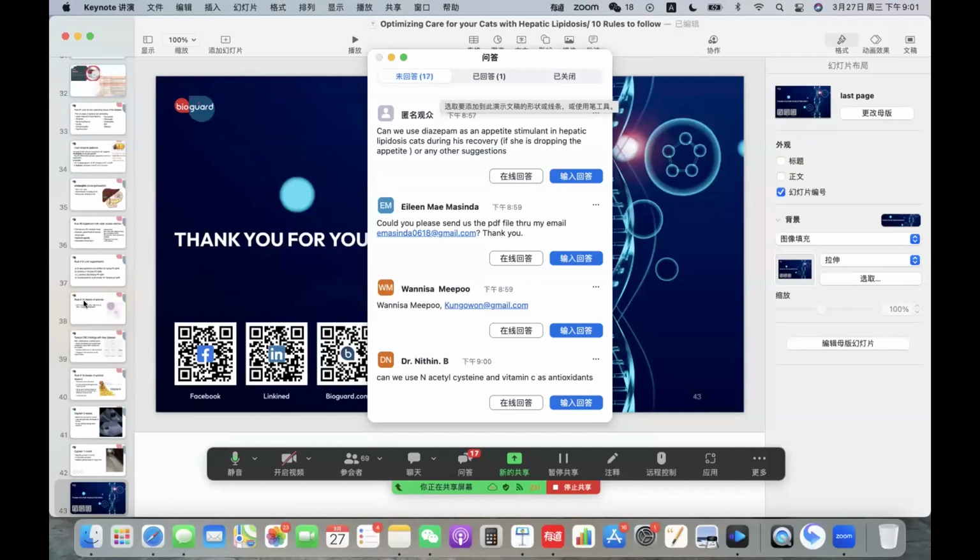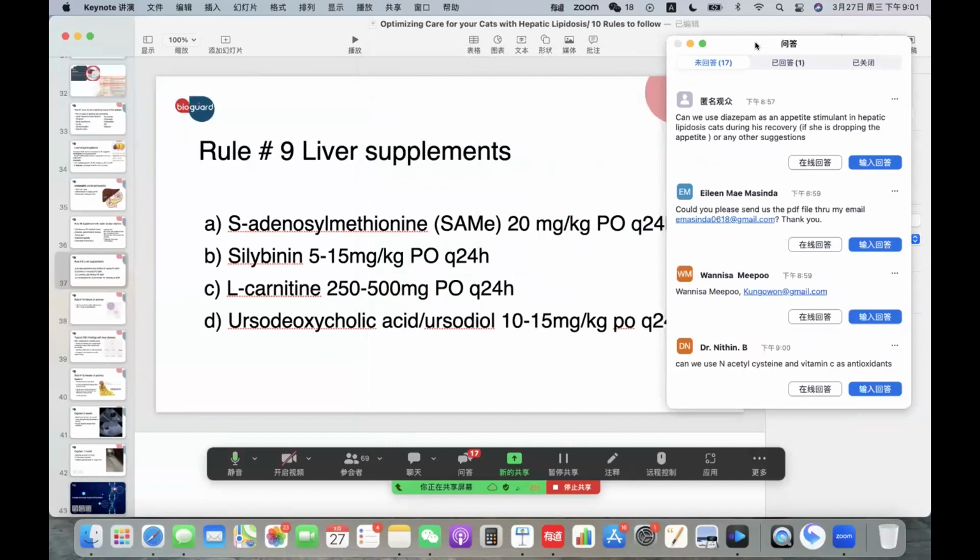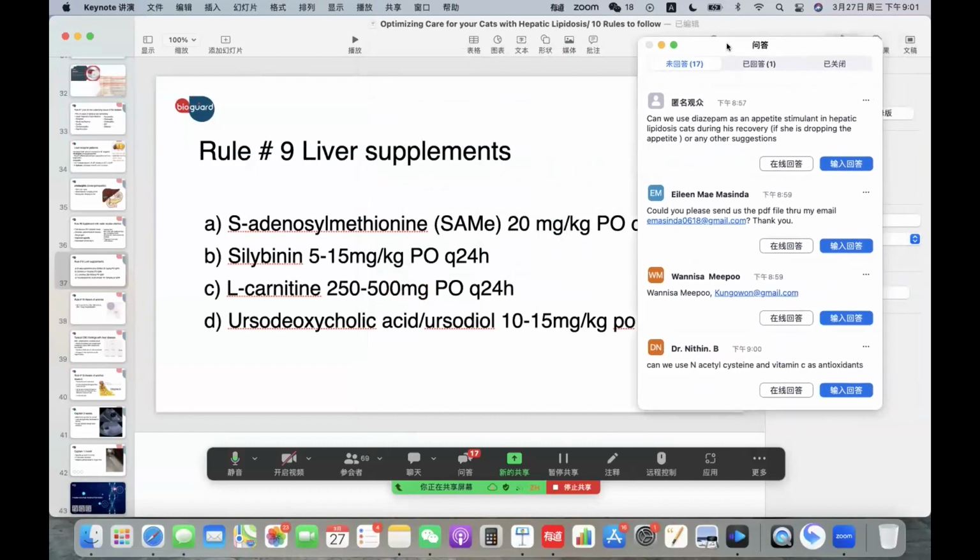Products like SAMe, silibin, L-carnitine, or even taurine have some studies published. Especially L-carnitine, there is some literature published in humans as well. They said L-carnitine is a good product to lower some liver enzymes in some liver disease cases. The other thing is silibin.